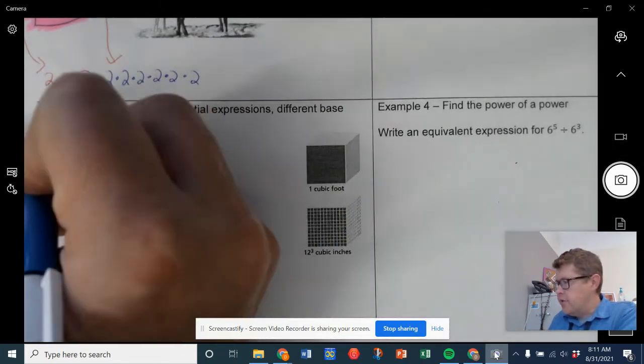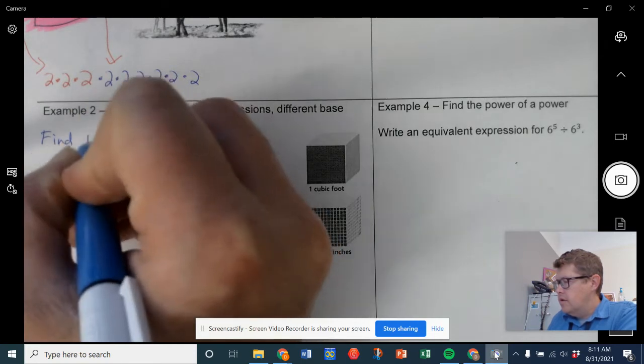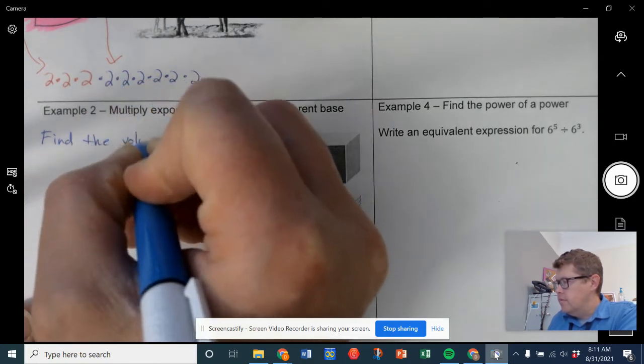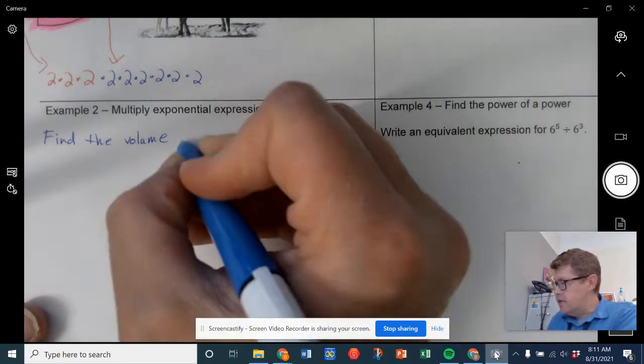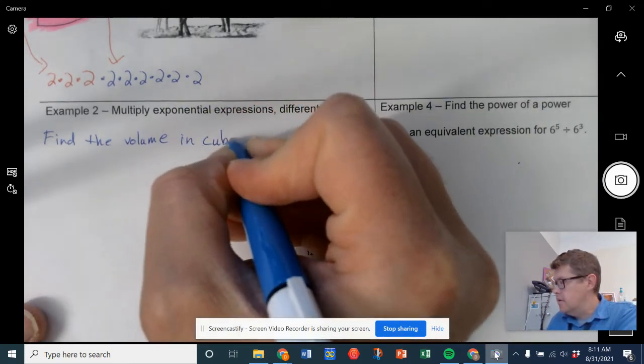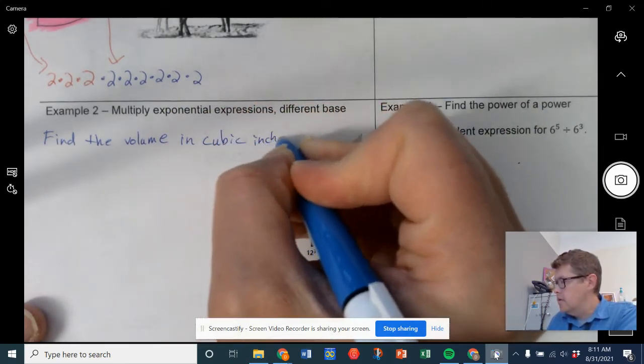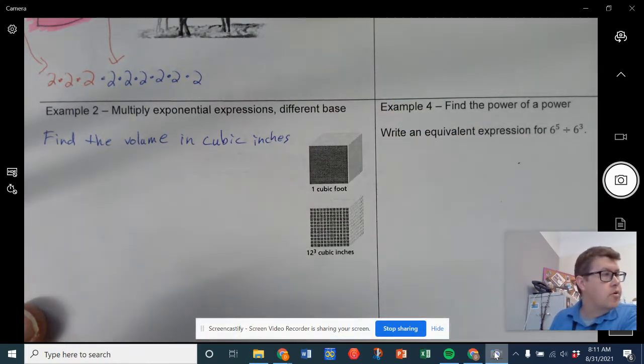So the idea here is we're going to find the volume, and sorry if my handwriting is terrible, that's just how it is, in cubic inches of a cube with an edge length of 2 feet.